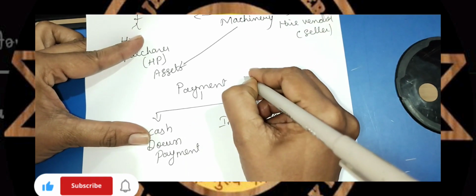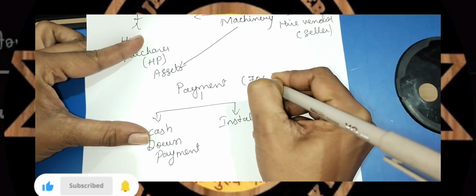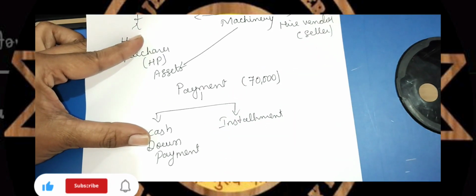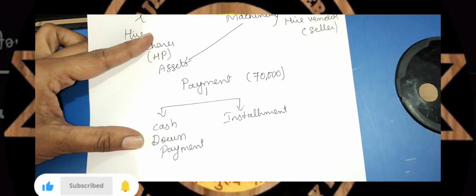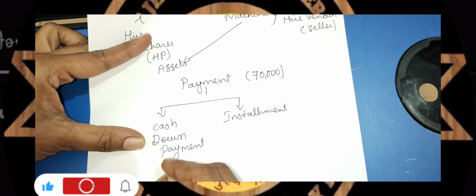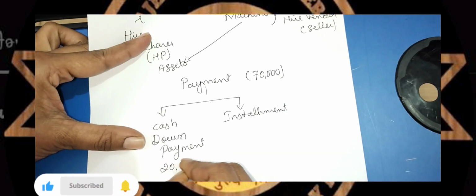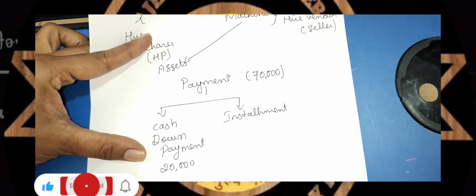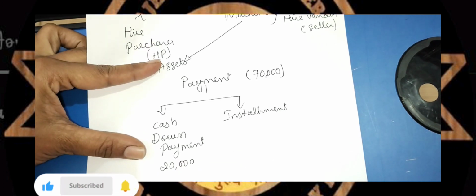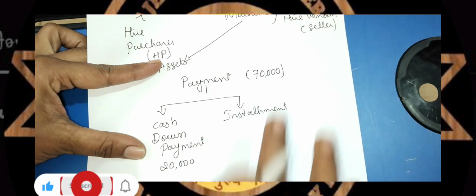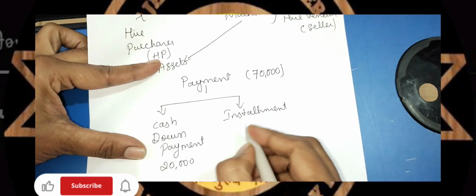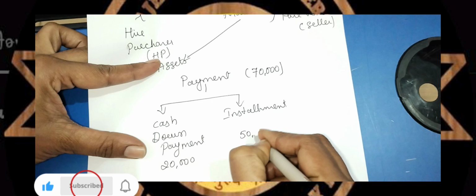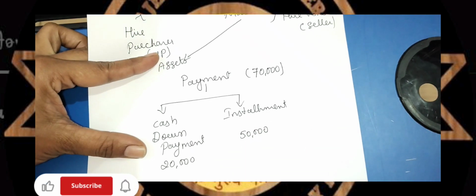Now, example: suppose the cost of the machinery was 70,000. Out of this 70,000, he made a down payment of 20,000. He paid it at the time of possession, getting the asset. The remaining balance was 50,000.